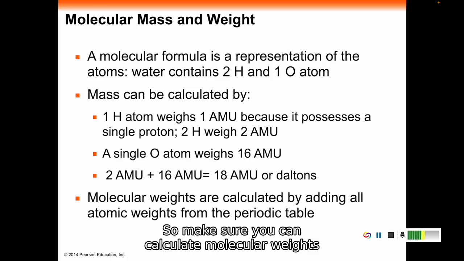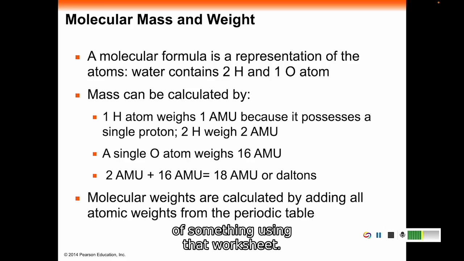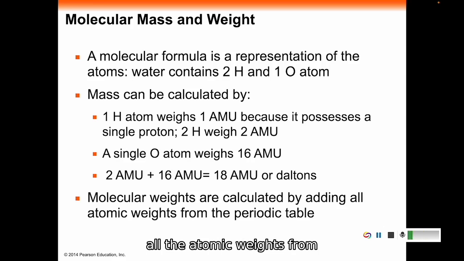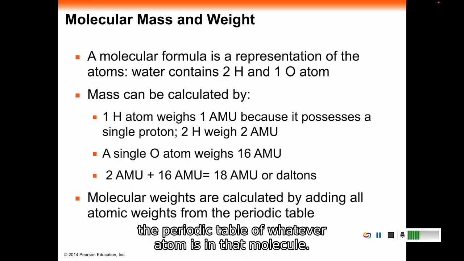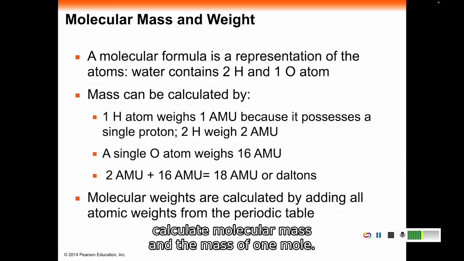Okay? So make sure you can calculate molecular weights and the weight of 1 mole or 2 moles of something using that worksheet. Molecular weights are just calculated by adding all the atomic weights from the periodic table of whatever atoms are in that molecule. That's kind of a more hands-on thing you're going to have to do to understand how to calculate molecular mass and the mass of 1 mole.